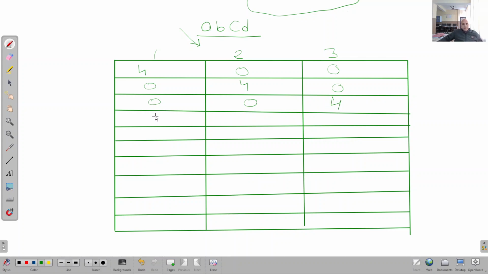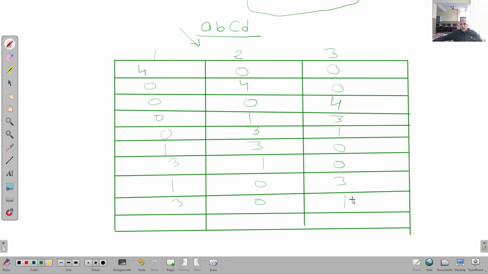Similarly you can have 1 0 3, then 0 1 3, then you will go further, 0 3 1, 1 3 0, 3 1 0. Clear? Similarly you can have 1 0 3 and 3 0 1. All these are the possibilities, right?